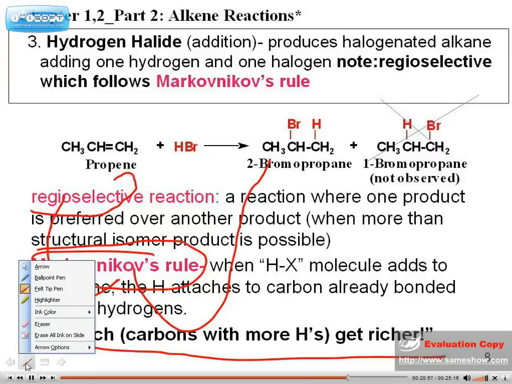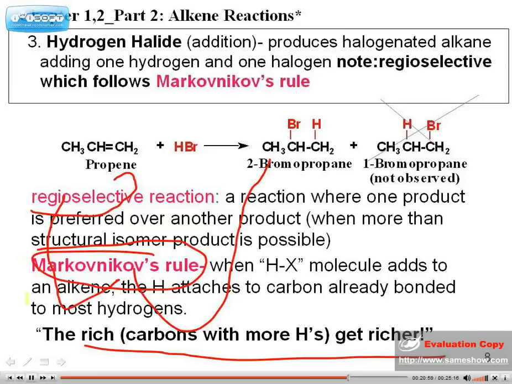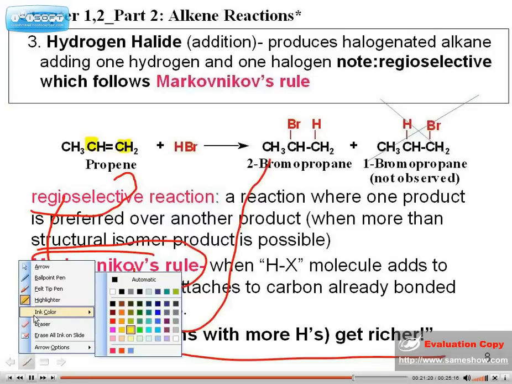So, using my highlighter, which one of these alkene carbons, and I'm going to highlight the alkene carbons, which one is richer when it comes to hydrogens? The one on the right or the one in the middle? It turns out the one on the right, ding ding ding, is going to be the richer one.